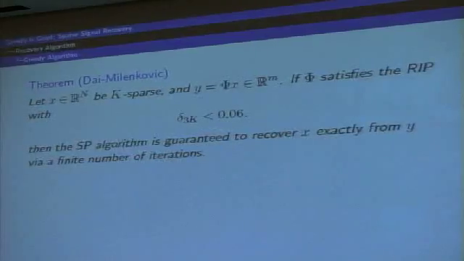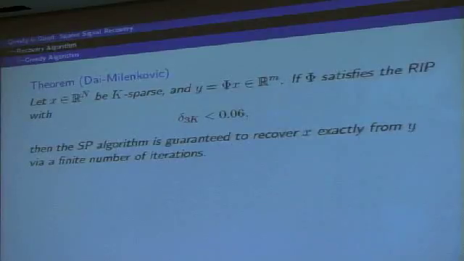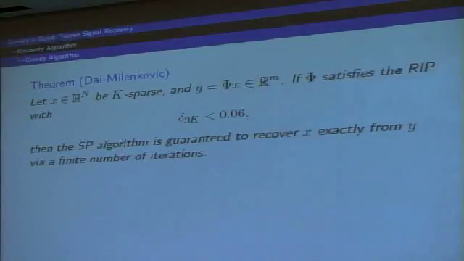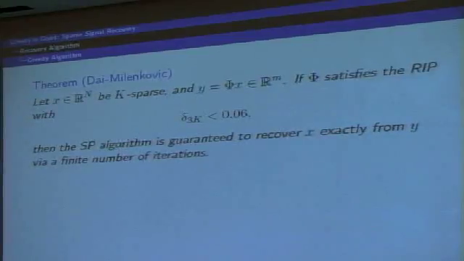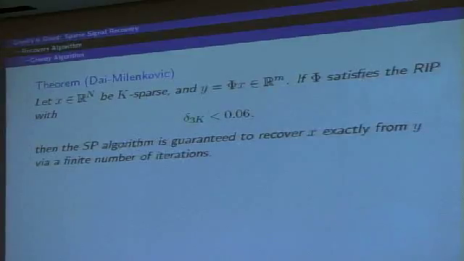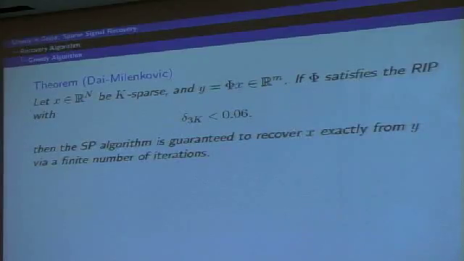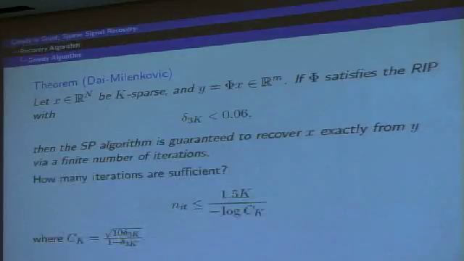We have this theorem by Dai and Milenkovic. If x is in R^n, be k-sparse, and y is given as phi multiplied by x, and if phi satisfies RIP with delta 3k less than 0.06, the SP algorithm is guaranteed to recover x exactly in a finite number of iterations. And how many iterations are sufficient?